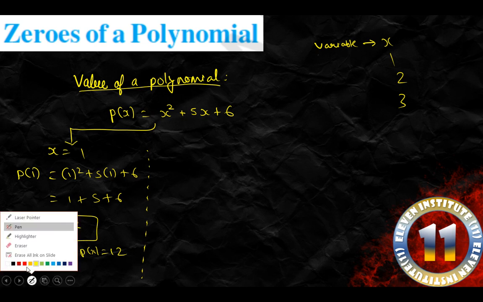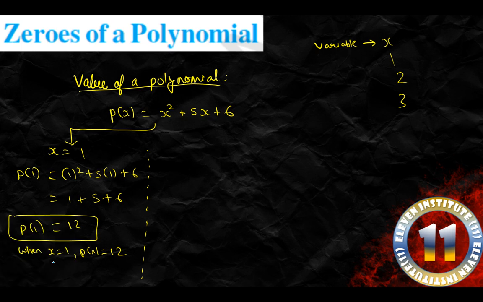Let us take one more example over here. Let us take the value of x to be equal to 2. So at that time this will become P(2). We can write 2 square plus 5 into 2 plus 6. So 2 square becomes 4, plus 5 twos become 10, and plus 6.